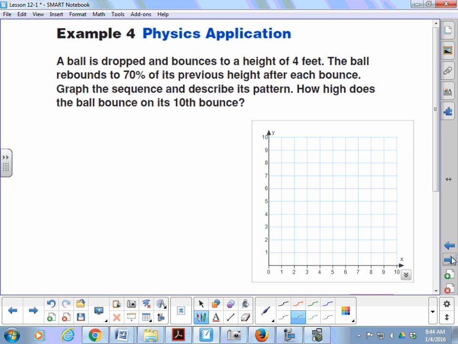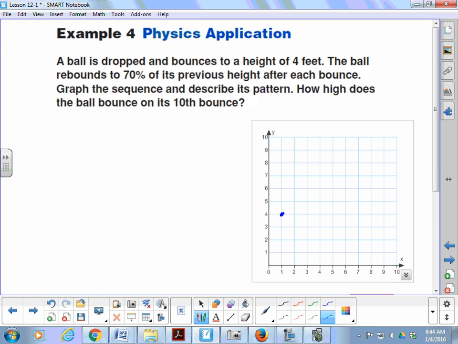Okay. Physics application. A ball is dropped and bounces to a height of 4 feet. The ball rebounds to 70% of its previous height after each bounce. Graph the sequence and describe its pattern. How high does the ball bounce on its 10th bounce? All right, so on its first bounce, in this case, it's going to go to 4 feet.